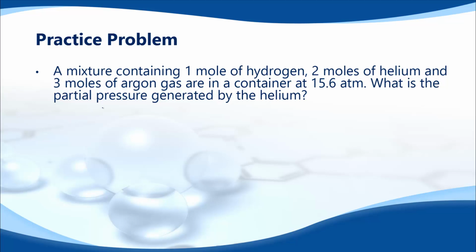Okay, so we are looking for the pressure of a gas, so we are looking for the pressure of helium. So that's going to equal the mole fraction of helium times the total pressure.